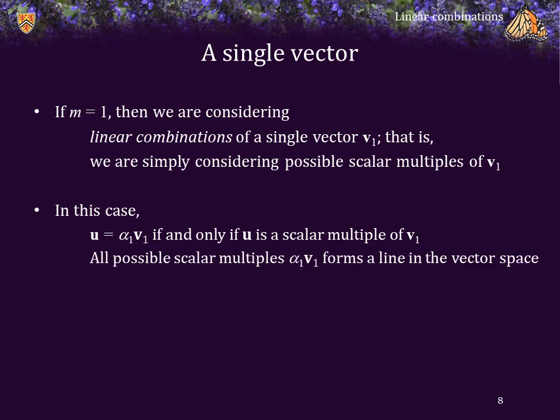Also, all possible scalar multiples alpha 1 v1 of this one vector form a single line in the given vector space.